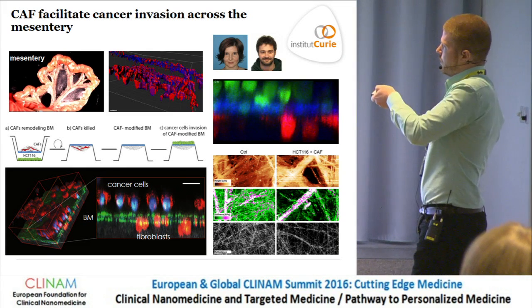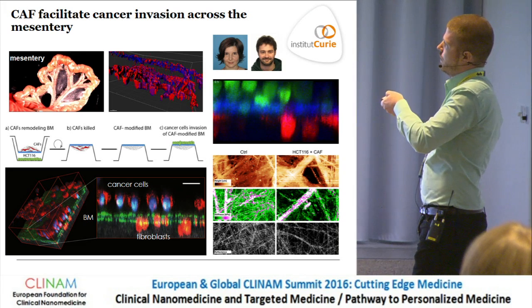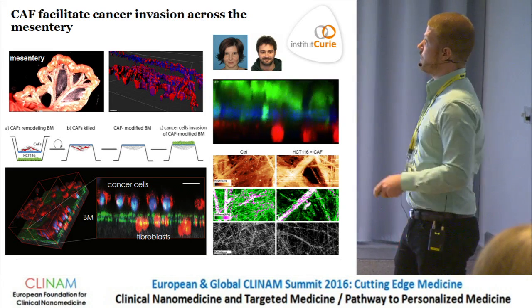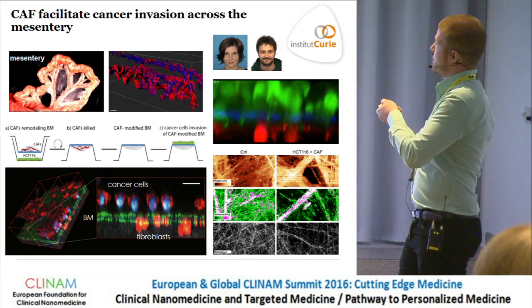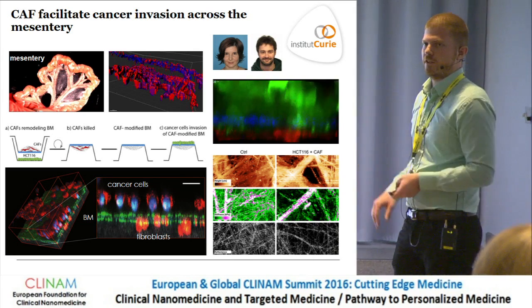And what we observed, that you see here again, cancer cells on one side and fibroblasts on the other side, is that if you give them up to 7 days time, the cancer cells here in green, they start to really go through the basement membrane.